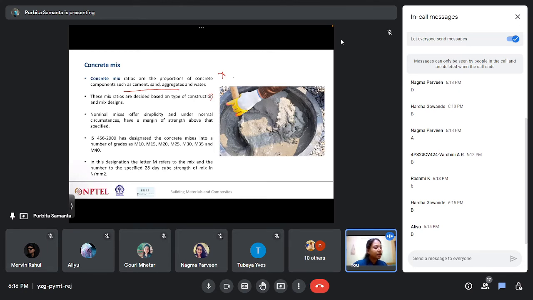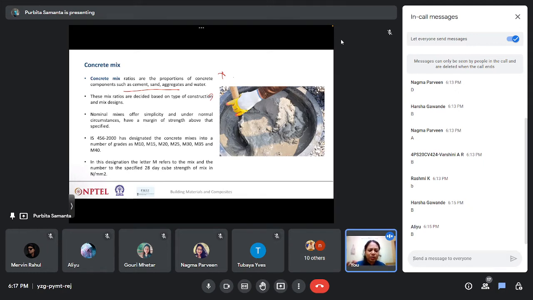How do we decide these mix ratios? It depends upon the type of construction we are doing. Suppose we are doing a construction which doesn't require much strength, and the casting is done in such a place that it will not be exposed to heavy load or pressure.